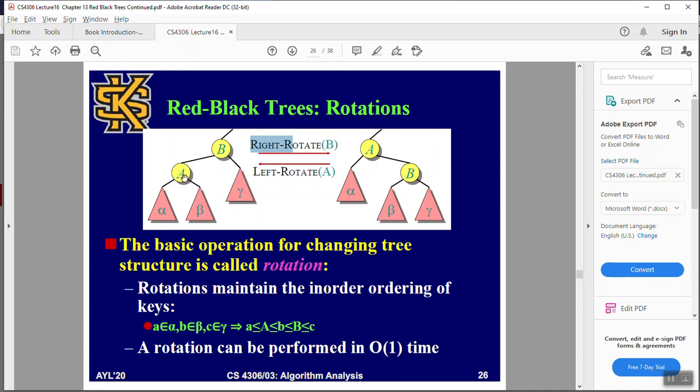For instance, let us think that these nodes contain some subtrees, alpha, beta, gamma. So these are the subtrees. If we move this up and this goes down, then what will happen? It will be reshaped, right?